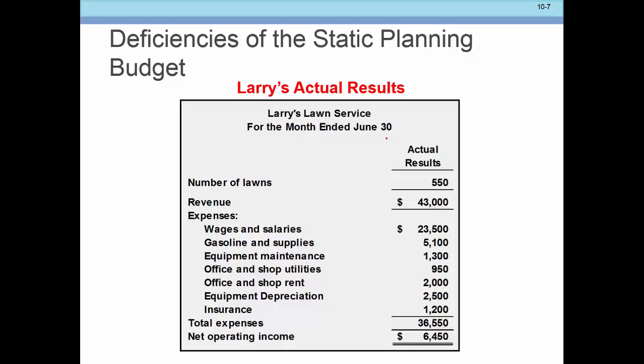Okay, so now we're saying, well, $5,100 is the amount, and if you divide that by how many lawns, 550? How much is that per lawn? $9.27.